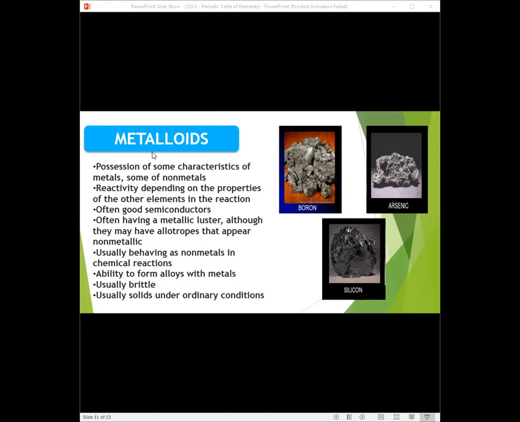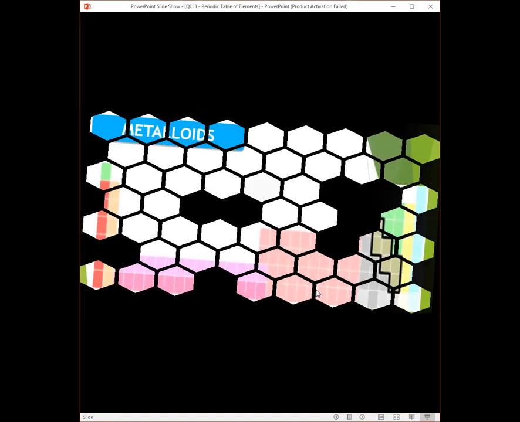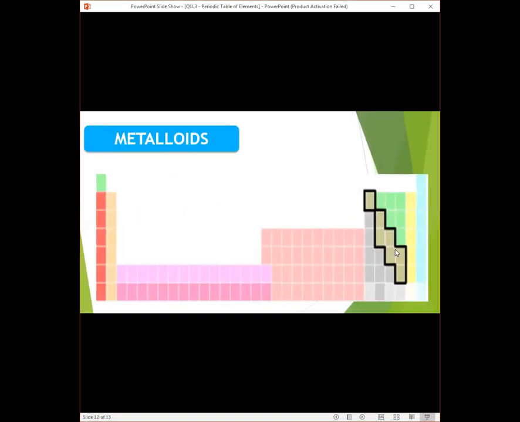Now here are just some of the metalloids in the periodic table. So we have boron, arsenic, and silicon. Well, actually, to be exact, we have seven elements in the periodic table which are considered as metalloids.